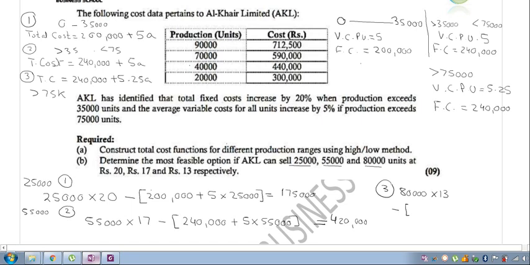So my cost will be 240,000 plus 5.25 into 80,000, and my profit here can be computed. 5.25 into 80,000 is 420,000. Adding 240,000 for fixed cost, 80,000 into 13 minus 660,000 for cost gives us 380,000.